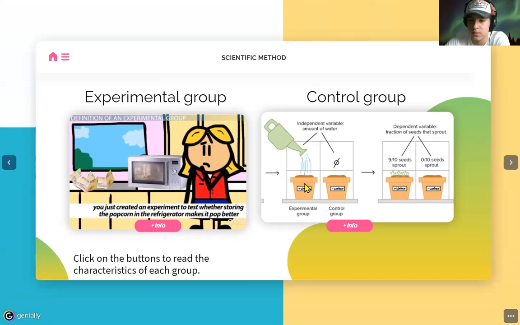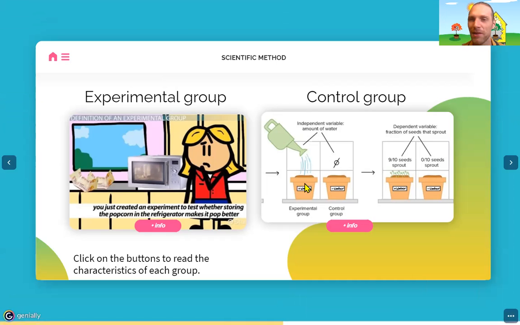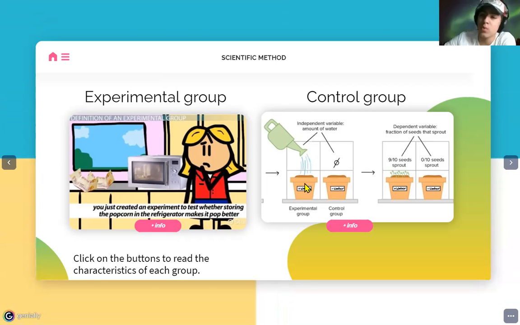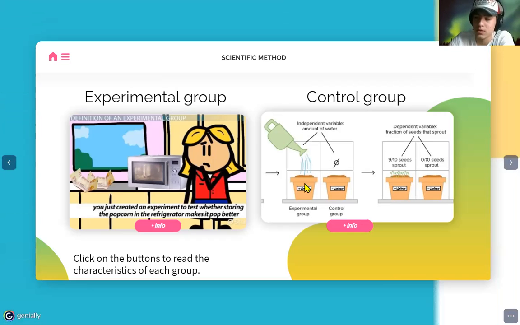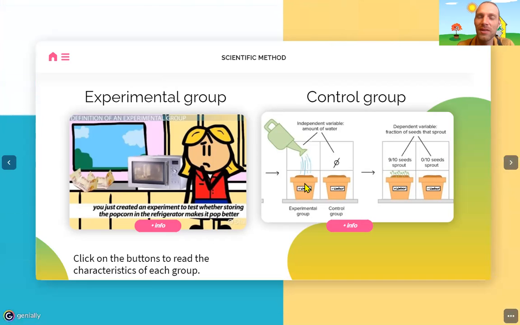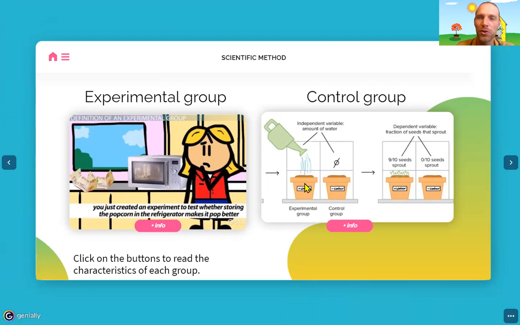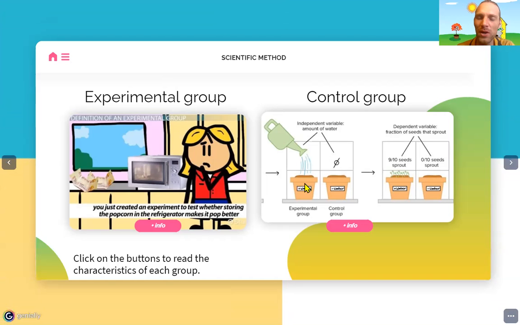The people getting sick? No, people getting sick is the dependent variable. Removing the lever, that is the change that you do. The independent variable is what you manipulate.